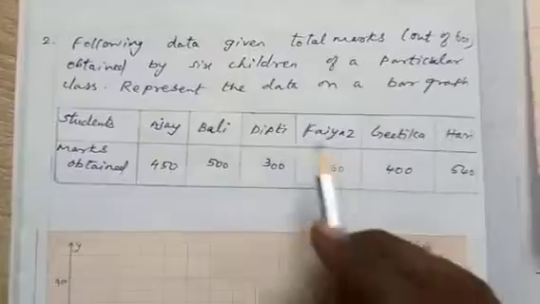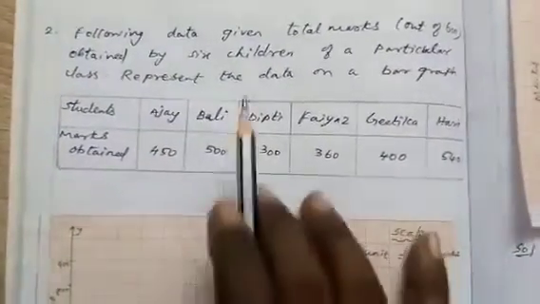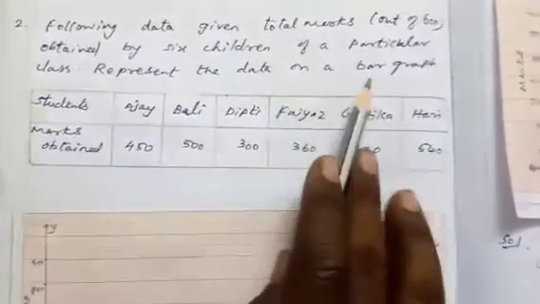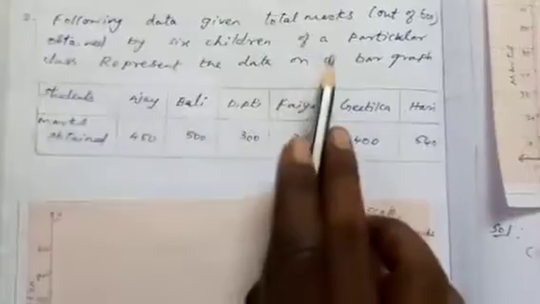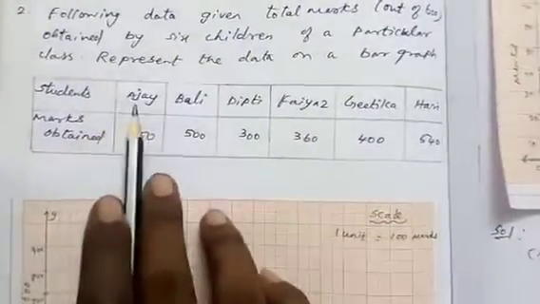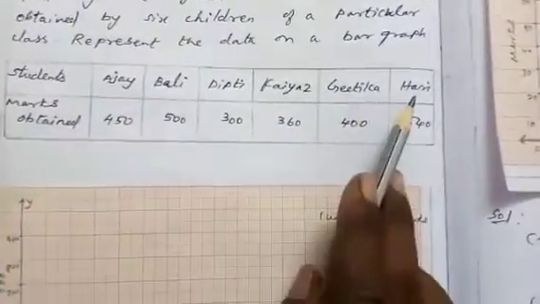The next question is, the following data gives total marks out of 600 obtained by 6 children of a particular class. Represent the data on a bar graph. The students are Ajay, Bali, Deepthi, Fayaz, Keetiga, Hari.